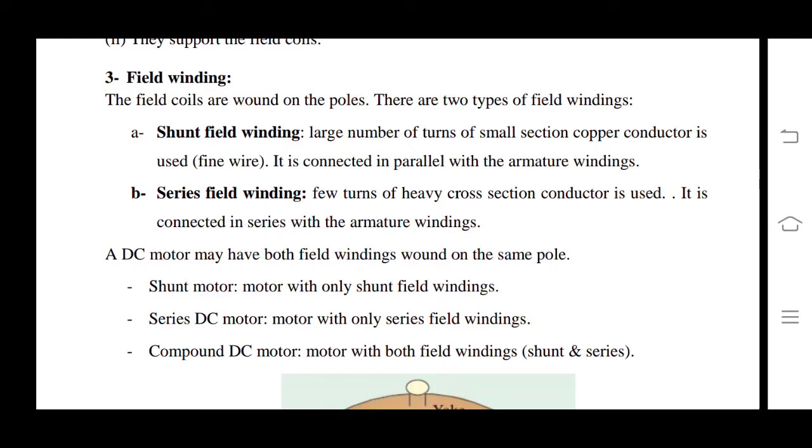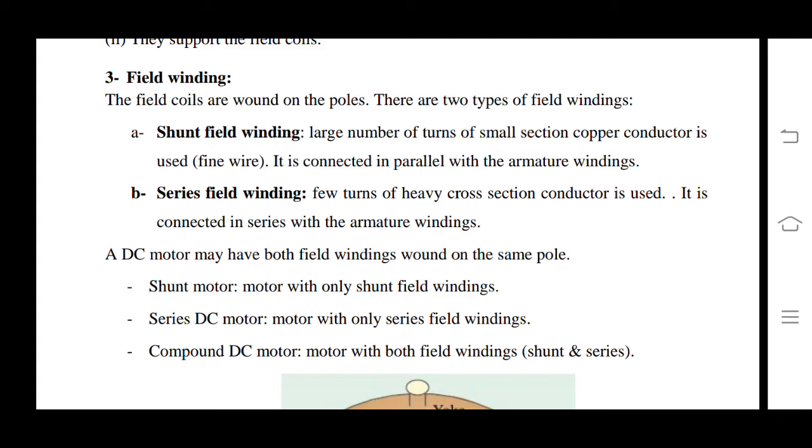Field winding. Field coils are wound on poles. There are two types of field winding: shunt field winding and series field winding. In the shunt field winding, a large number of turns of small section copper conductor is used.